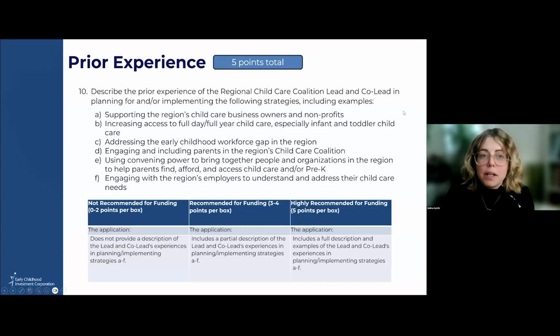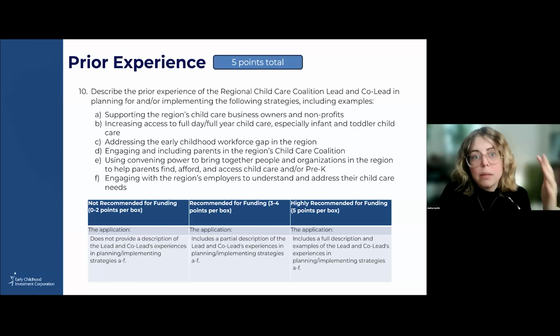So, prior experience. And so this is a pretty lengthy question. We do have character limits within the application, so I wanted to mention that. But you're going to see here: describe the prior experience of the Regional Childcare Coalition lead and co-lead in planning and implementing all of these following strategies.